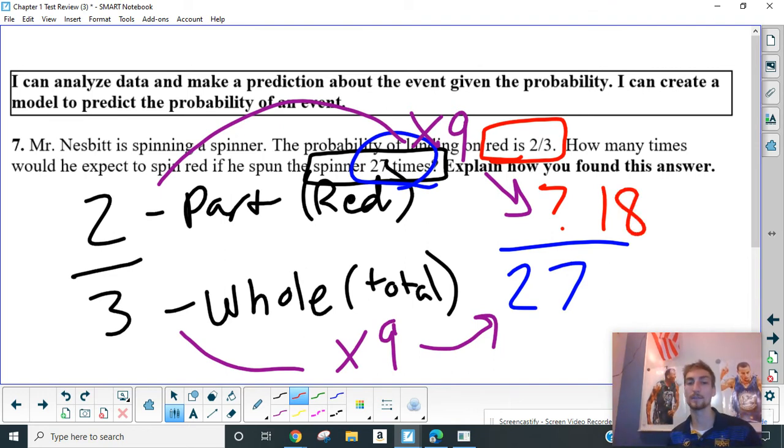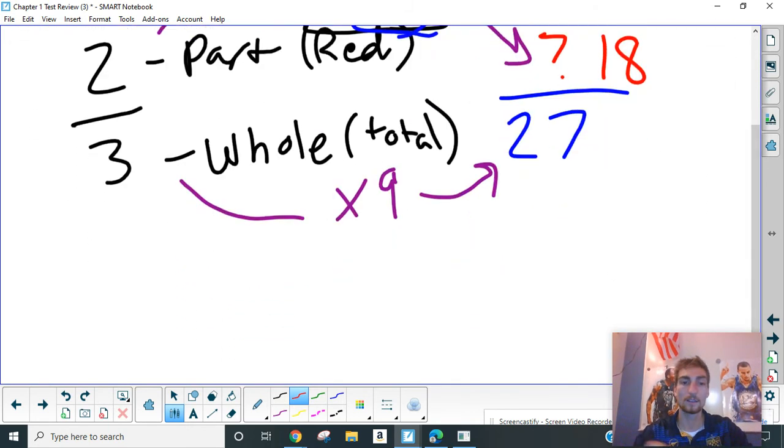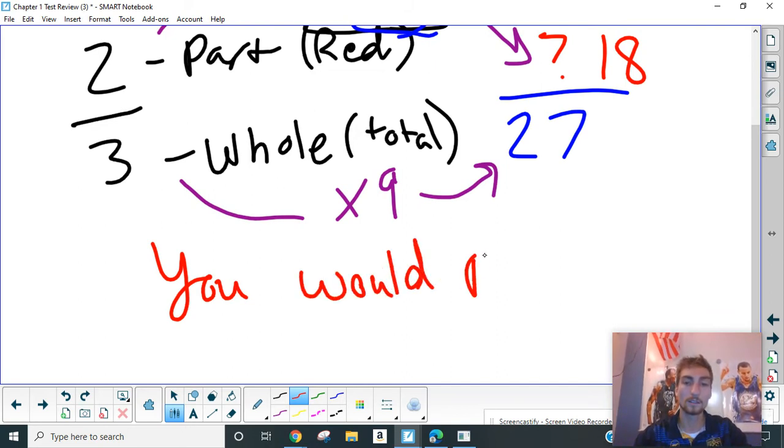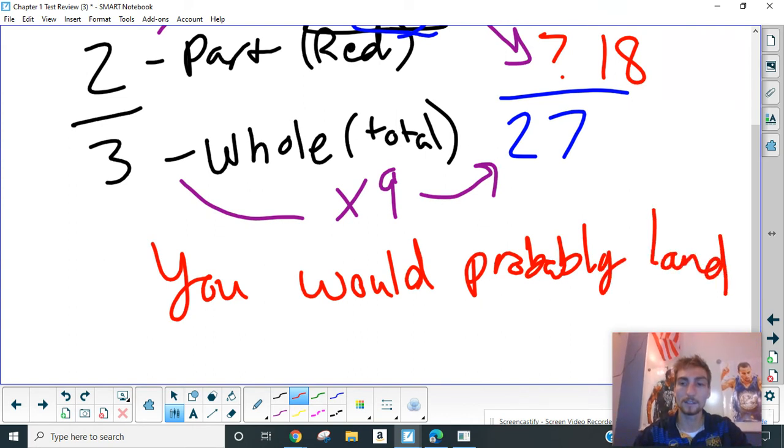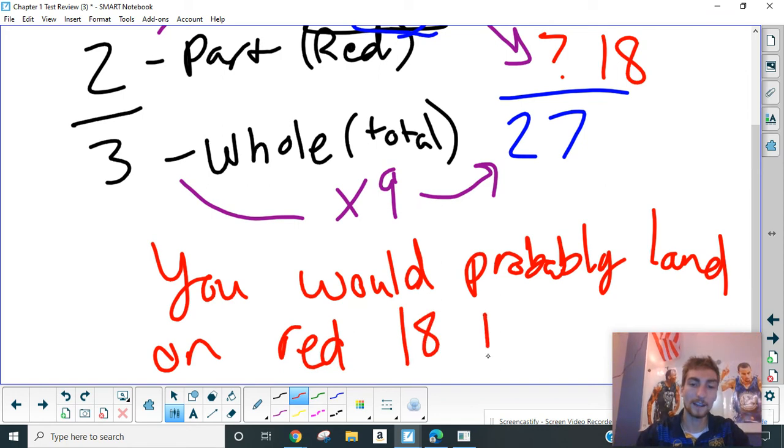18 over 27. Now, typically we would simplify, but this time we actually did quite the opposite. And instead, we wanted to make our numerator bigger because now it's out of 27 times. And so we would just leave it as 18 over 27 and say, you would probably land on red 18 times.